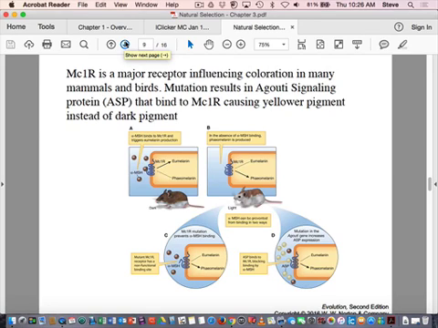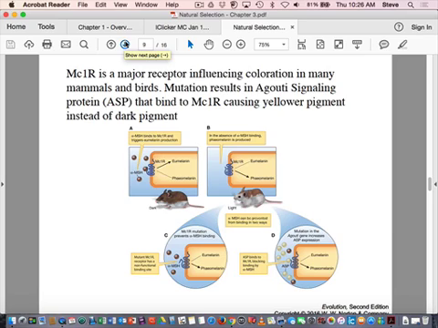When that stimulating hormone binds to the MC1R, that results in what's called eumelanin. That's the typical dark coloration. So if you have that hormone binding to that receptor, you get darker mice. And this is true across all kinds of mammals and birds. A lot of this coloration is attributable to this particular gene.